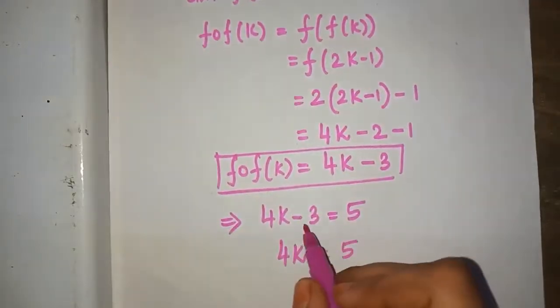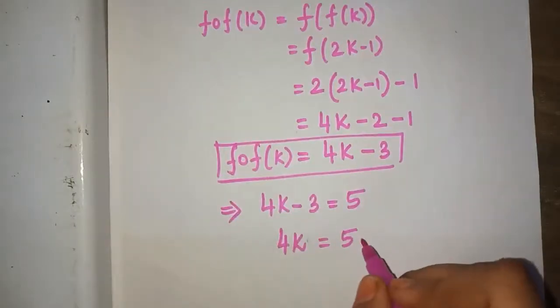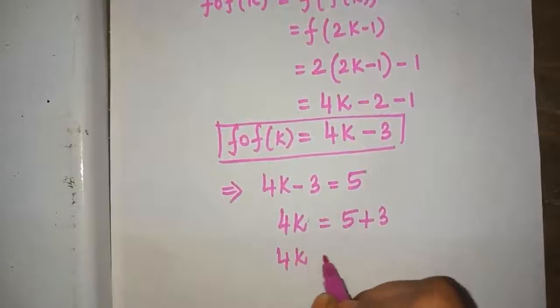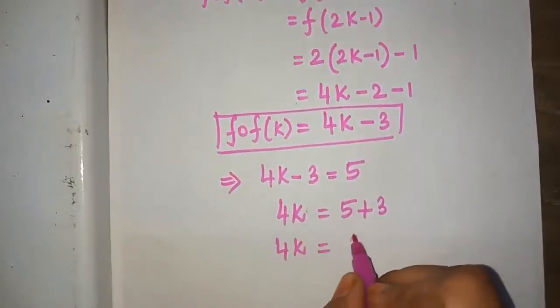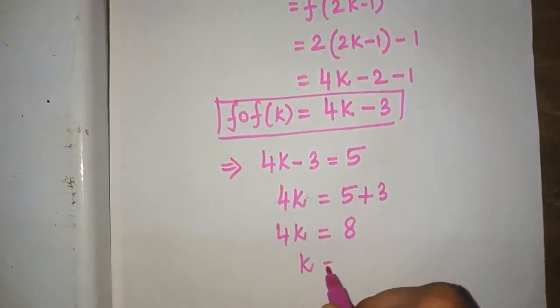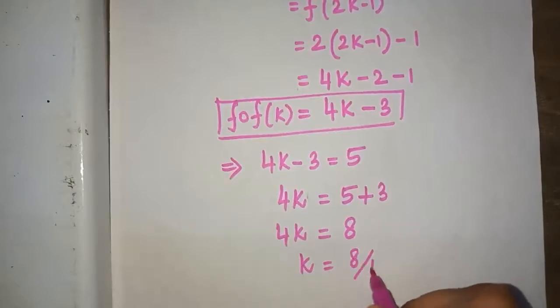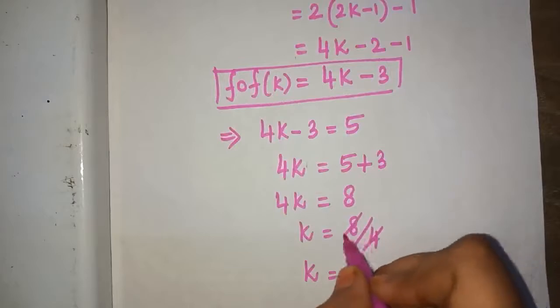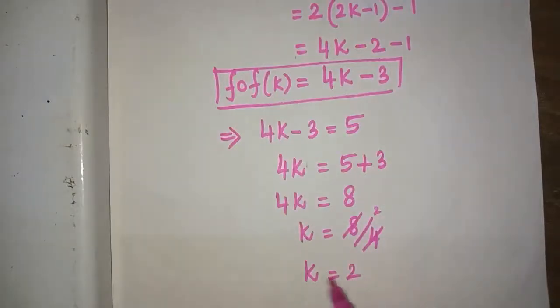So 5 minus 3, if you take to right hand side it will become plus 3. So 4k is equal to 5 plus 3 is 8. So k is equal to 8 divided by 4. So k is equal to, 4 1s are 4, 4 2s are 8. So k is equal to 2.